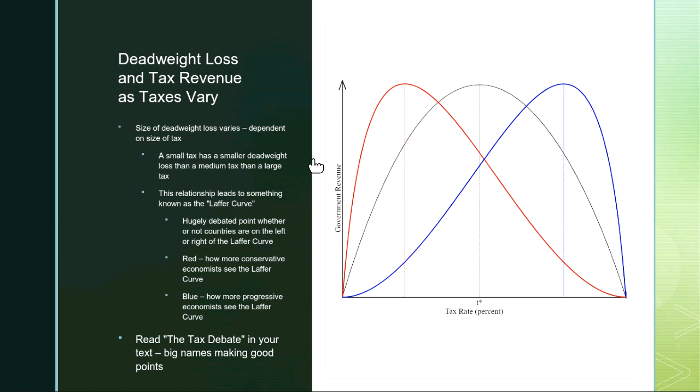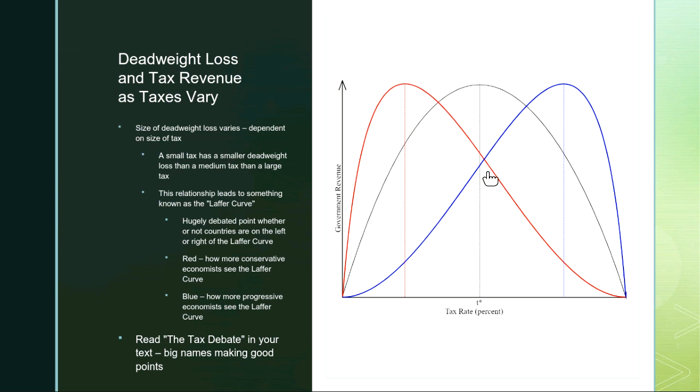These curves aren't red and blue for a reason. The left curve, the lower tax curve, is typically a curve embraced by more conservative economists. Their argument is that at a lower tax rate, because quantity demanded is fairly elastic, you generate higher revenue by letting markets grow and collecting taxes driven by the gains from trade instead of the percentage levied.